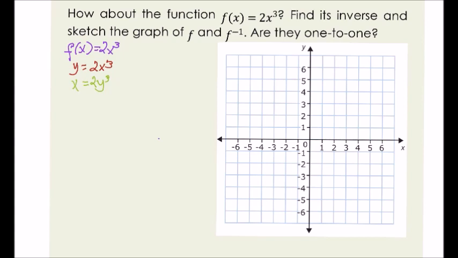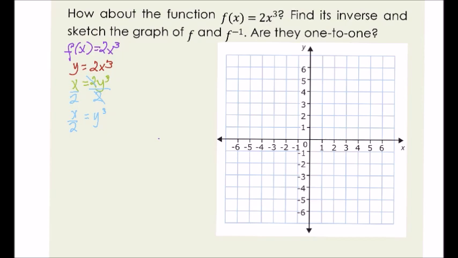Now we want to have y on one side of our equation, so we get rid of the 2 on the right side. We divide both sides by 2, cancelling the coefficient 2 of y. So we have x over 2 equals y cubed. Then we also want to get rid of the cube, the exponent to which y is raised.